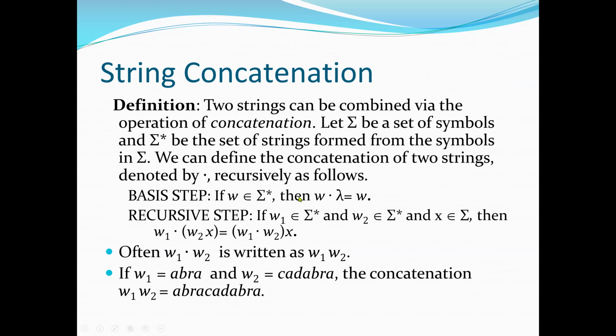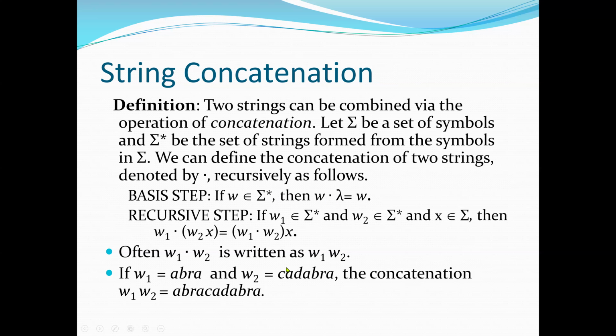recursively as follows. So we know the basis step will be the smallest unit. We say if W belongs to summation star, then W concatenated with the empty string lambda gives us W. Again, this is the smallest unit.